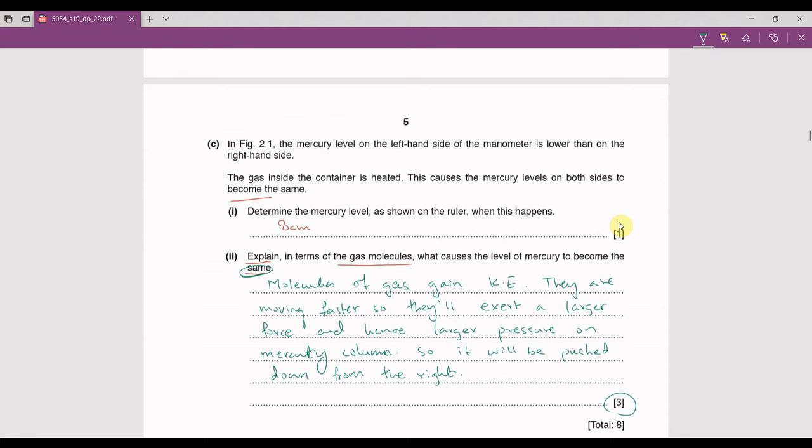So the level would be the same because the pressure of the gas eventually becomes equal to atmospheric pressure. And there is your complete answer.